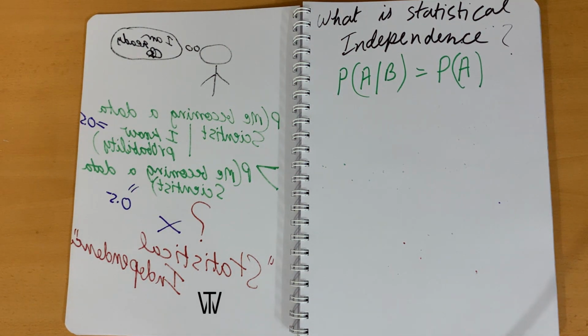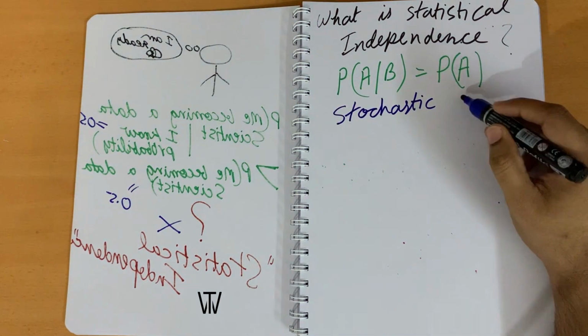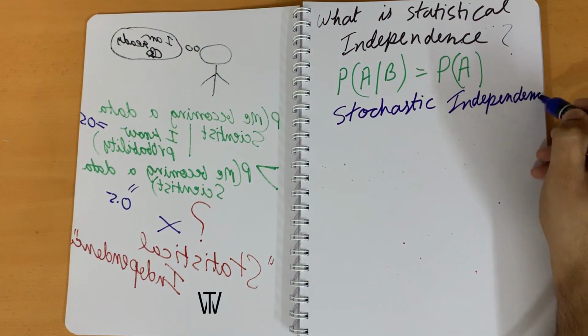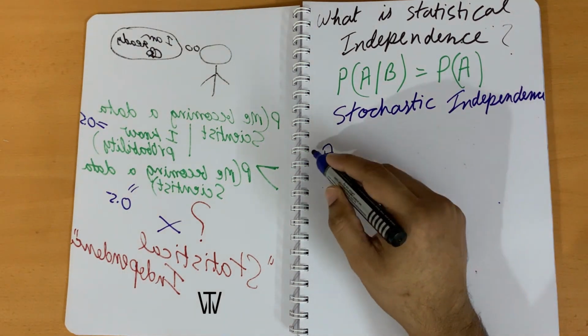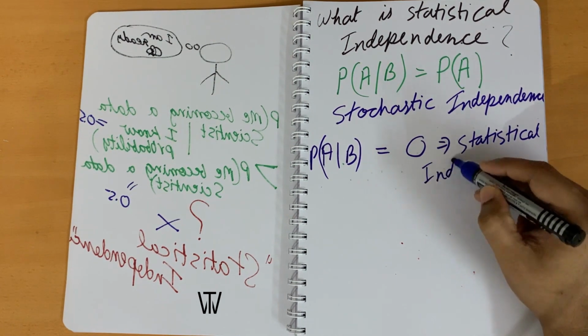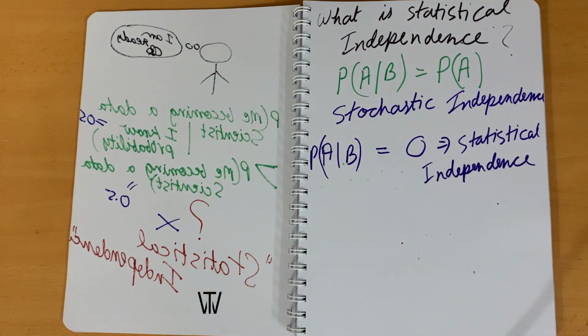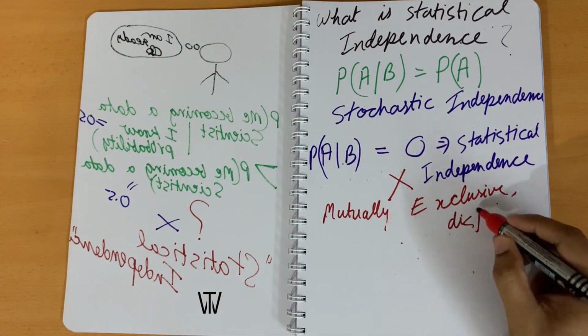P of A given B equals P of A. This is sometimes also called stochastic independence. Now, a lot of people get this wrong. Some think that statistical independence means P of A given B equals 0. No, this is called mutual exclusivity or disjoint.